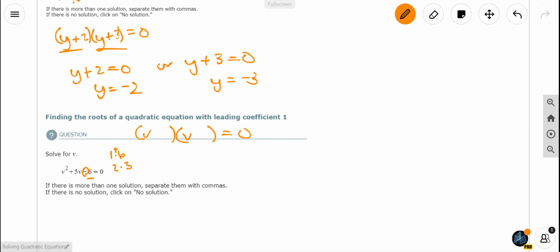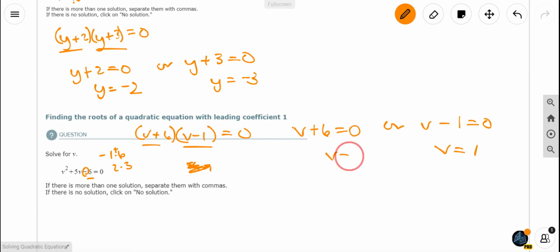We're going to get a positive 6 and a negative 1. You can guess and check, but that's the fast way. Now we can use our zero product rule. v plus 6 equals 0, or v minus 1 equals 0. So v is equal to 1, or v is equal to negative 6. Done. Next.